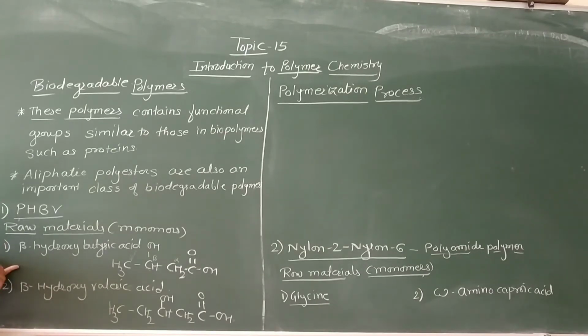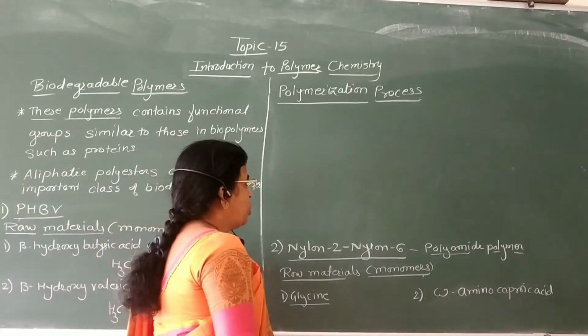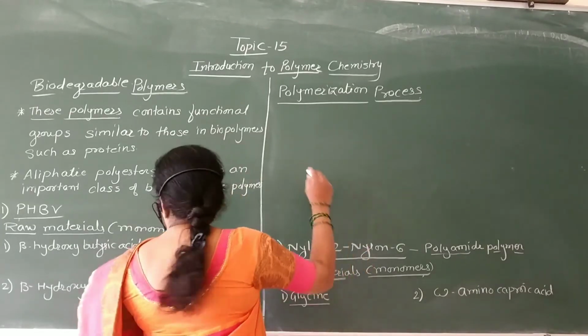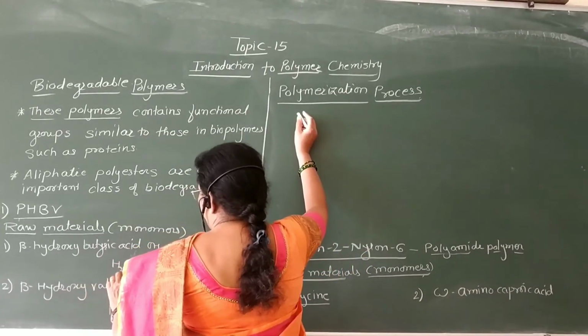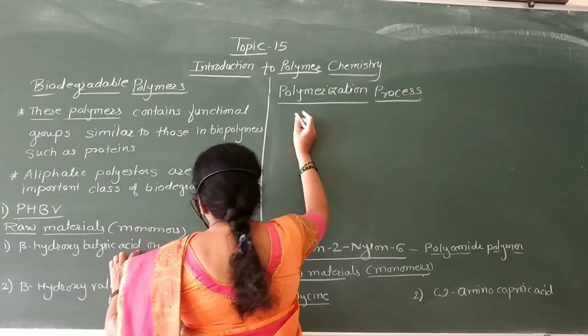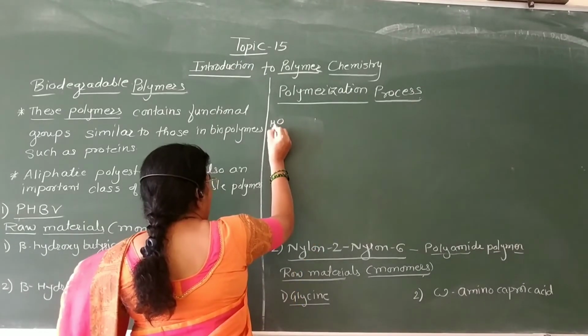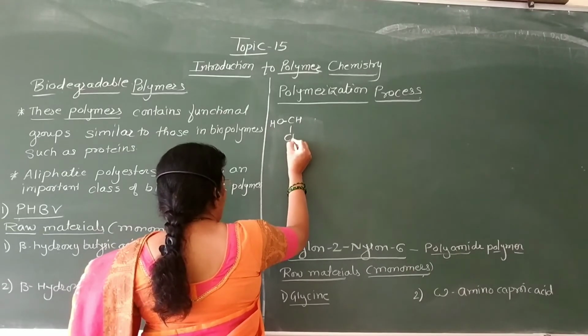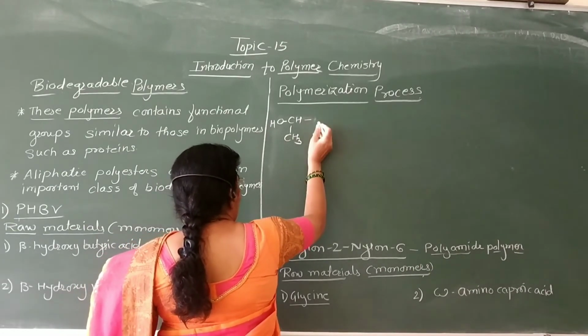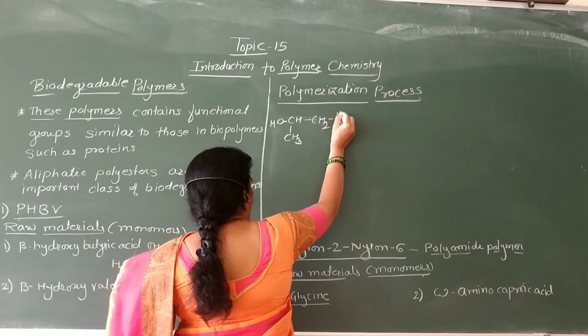Now we are going to see the polymerization process. This PHBV is a copolymer of 2 beta hydroxy carboxylic acids obtained by condensation polymerization. First we write the structure of beta hydroxy butyric acid: CH, with a CH3 group attached, CH2, COOH.